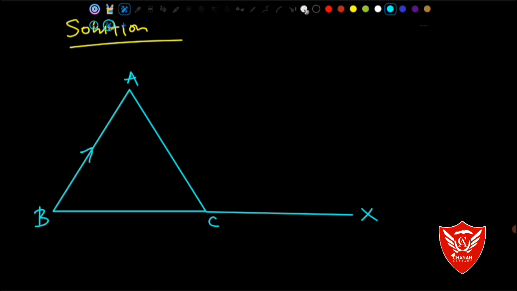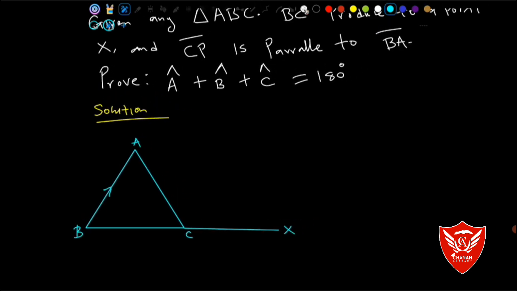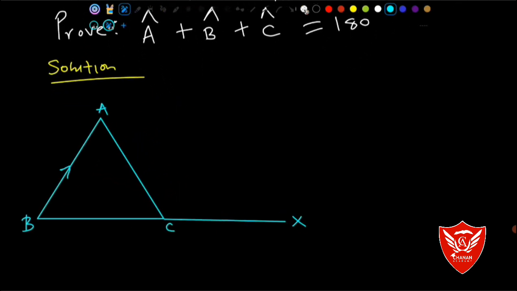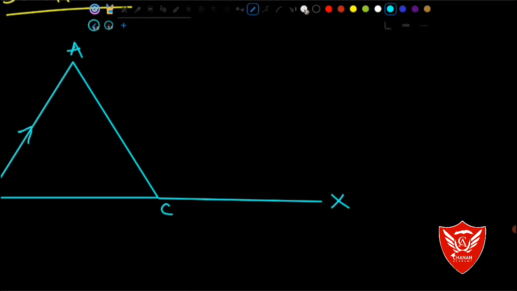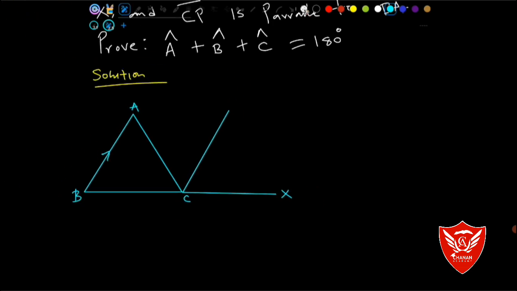I hope you have not forgotten parallel lines. They don't meet. So where are we going to put line CP? It means that the line is going to start from C and then go parallel to BA, like this, because it's a parallel line. Okay, and we're going to call this P. So this is what we have.